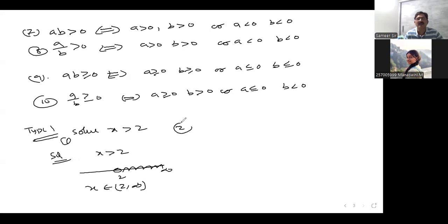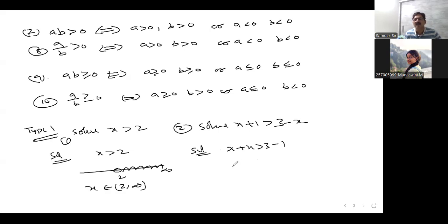Second one, suppose I say solve x plus 1 is greater than 3 minus x. What are you going to do? You are going to solve like this: x plus x greater than 3 minus 1. What I did, I added x on both sides and subtracted 1 on both sides.